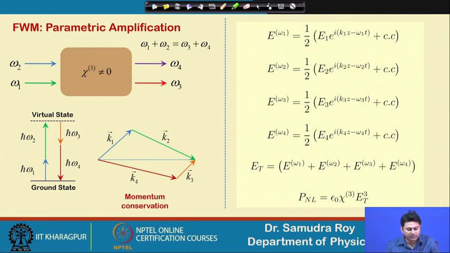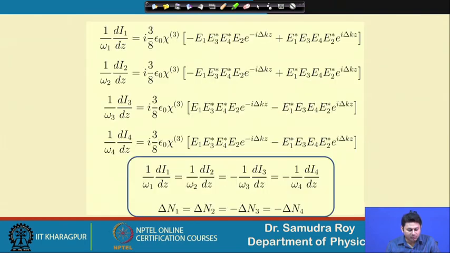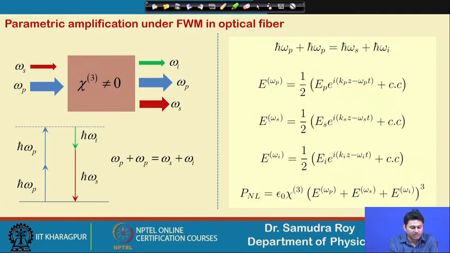Now, if omega 1 and omega 2 are the same, which is the case here, we call it omega pump. So, this energy diagram will slightly change: two omega p photons will combine, and as a result will generate omega I and omega s, two different frequencies.